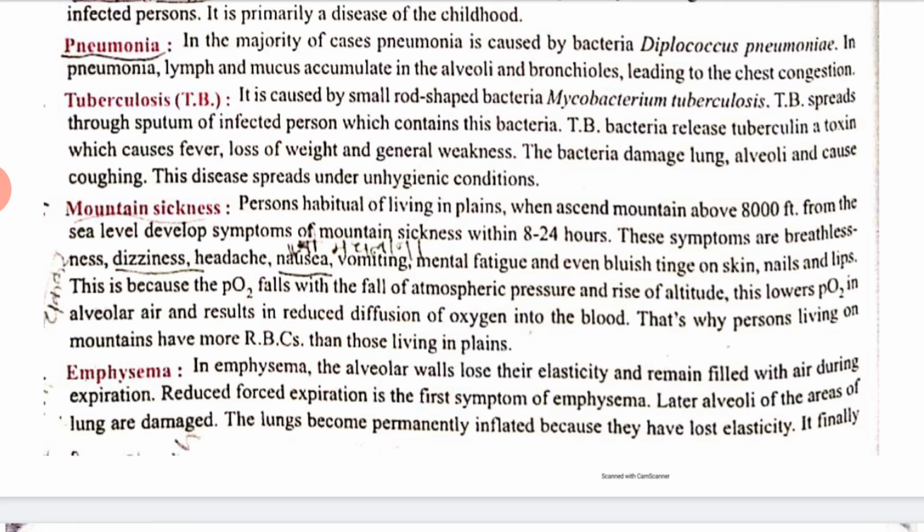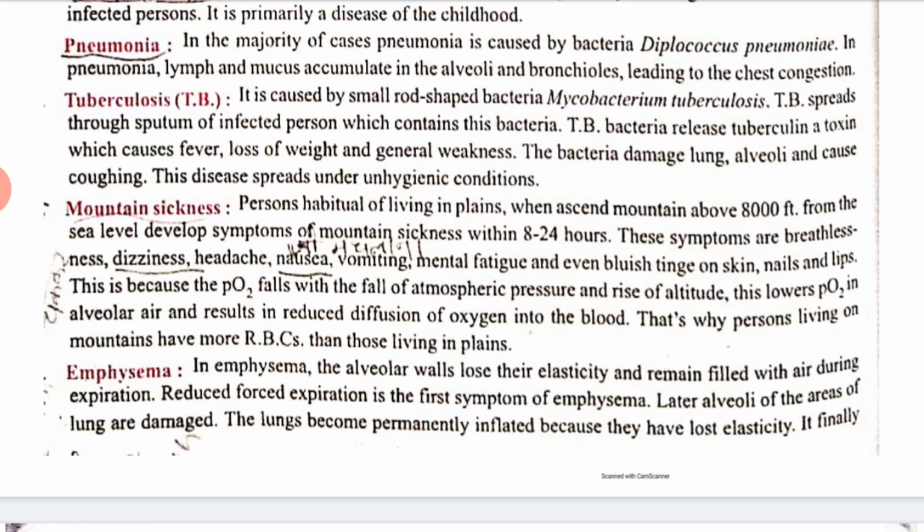Now next we have mountain sickness. A person habitually living in the plains who goes to a mountain above 8,000 feet from sea level develops symptoms within 8 to 24 hours, such as headache and other problems.